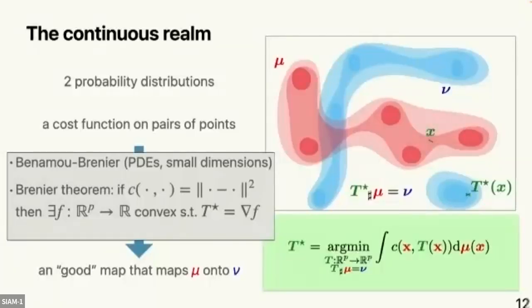So you just need to find a good convex function that transports a measure you're given into another you're given, and this tells you that you should have an optimal solution.